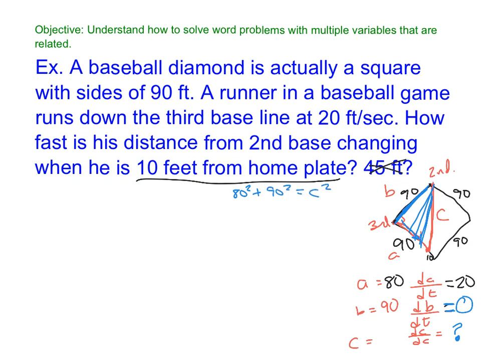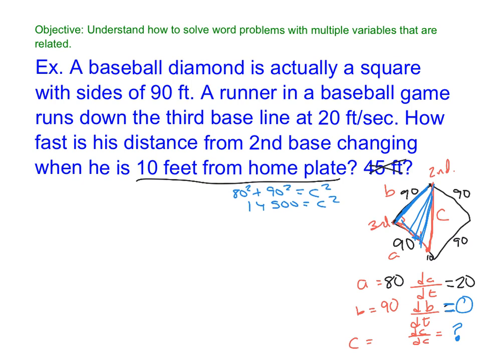Let's see. 90 squared is... 14500. Let's see, does 145 not have a perfect square that goes into it?